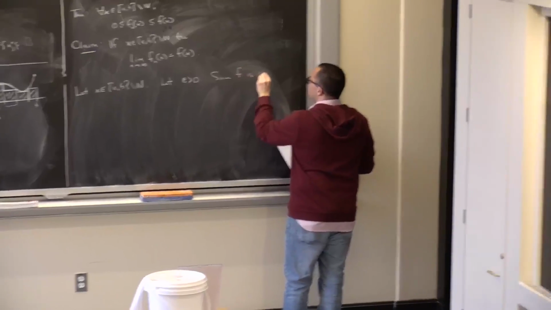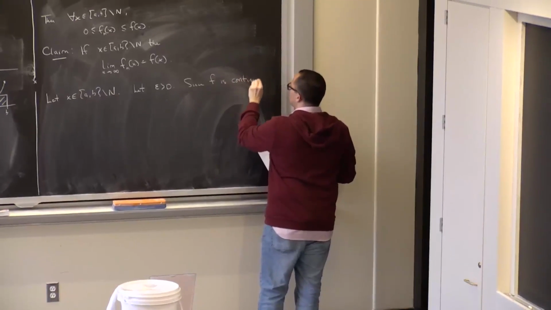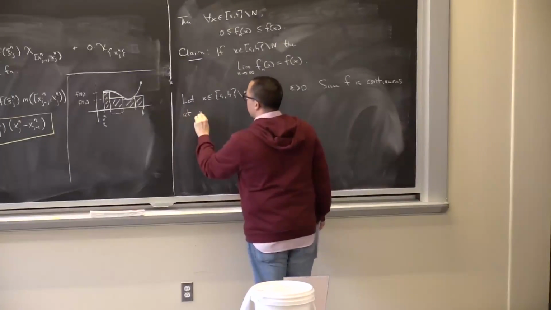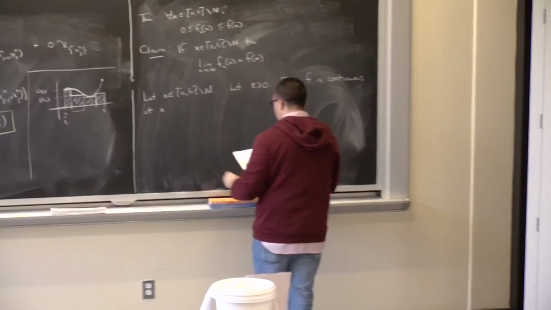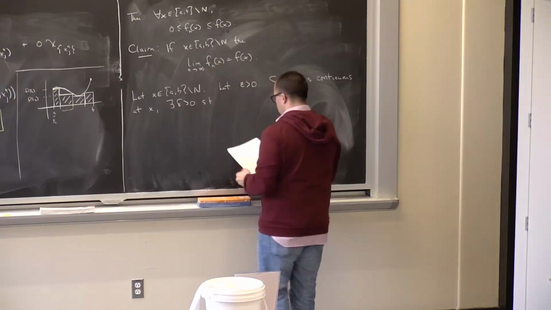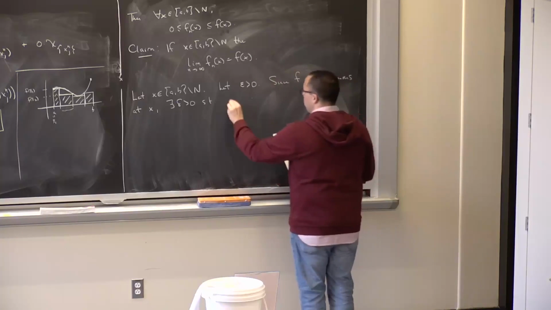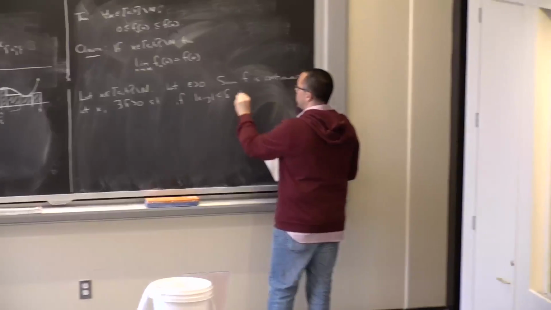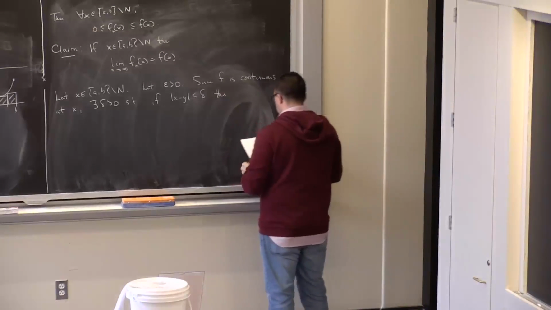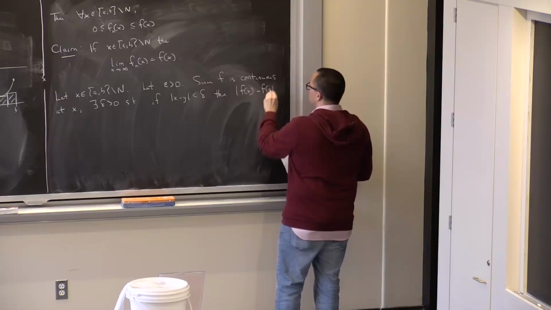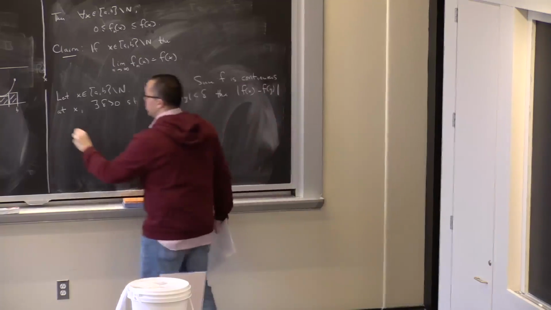Since f is continuous at x, there exists a delta positive so that if x minus y is less than delta, then f of x minus f of y is less than epsilon.